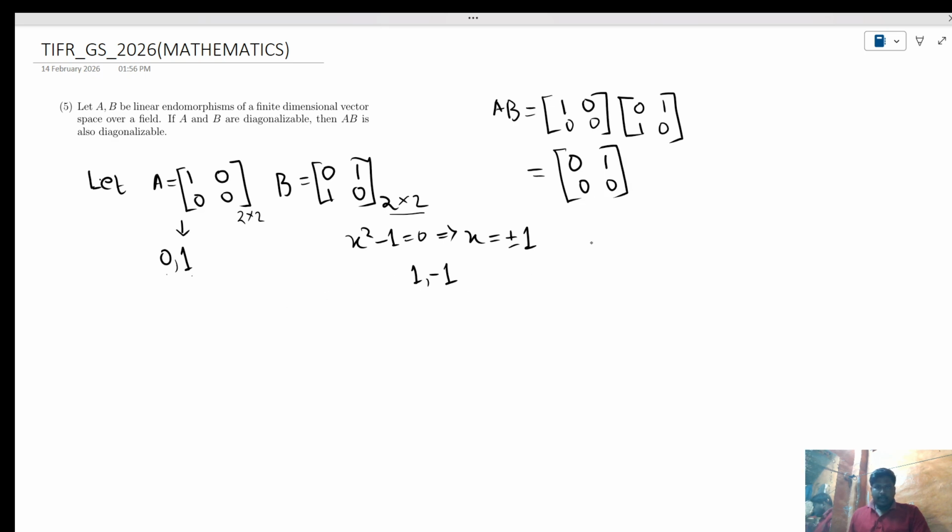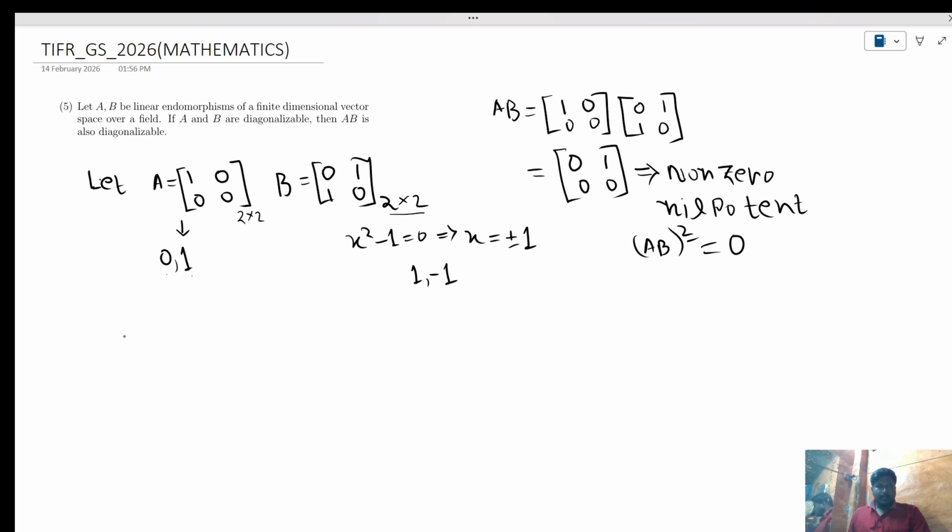So we get AB is 0 1 0 0. And ये क्या है? This is nothing but a non-zero nilpotent matrix. It is a non-zero nilpotent matrix because when you try AB square, you will get 0. So yes, this is a non-zero nilpotent matrix with index 2.